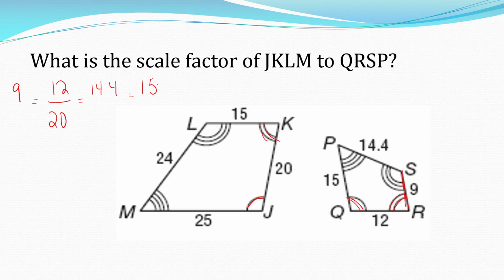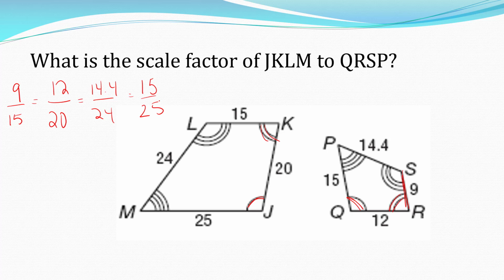So let's go ahead and write that out. Then smallest side to largest. Okay. And then we can just throw these in a calculator and see if they all are coming out the same.